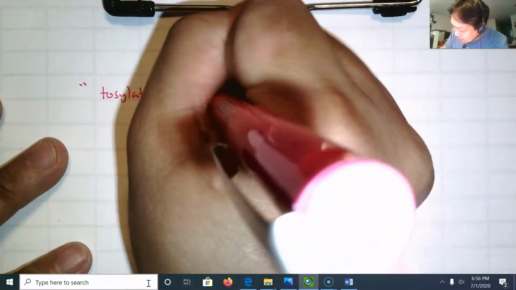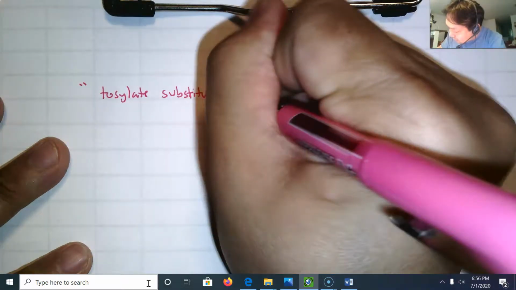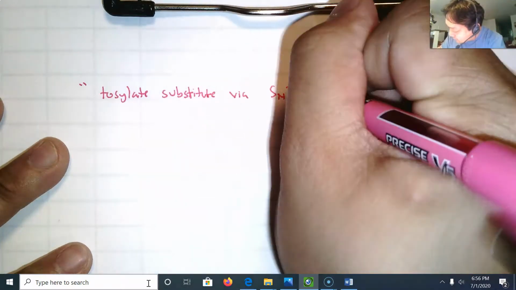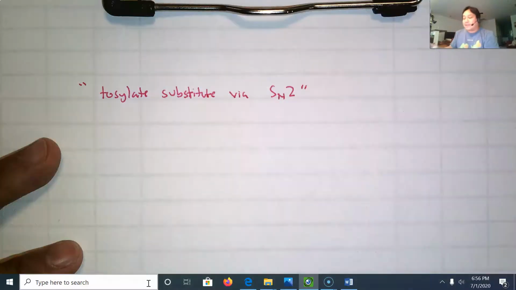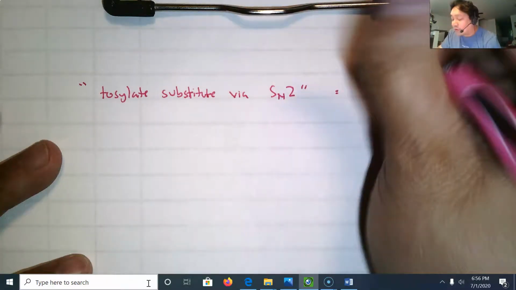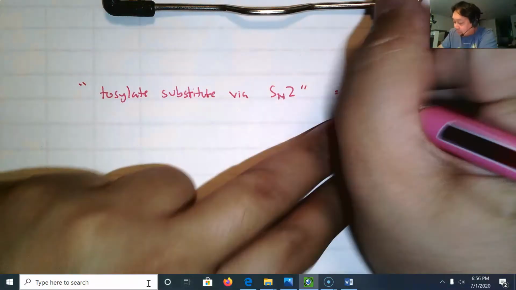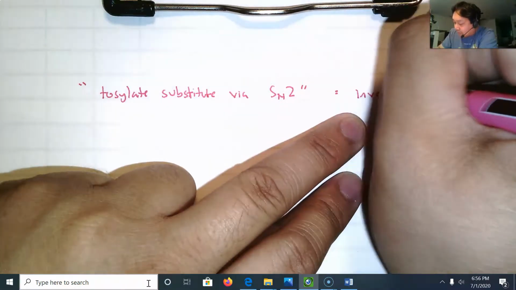First, tosylates substitute via SN2. What does that mean? You're going to get inversion if your carbon is chiral. So remember inversion.